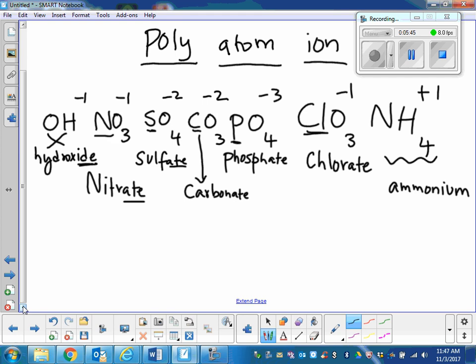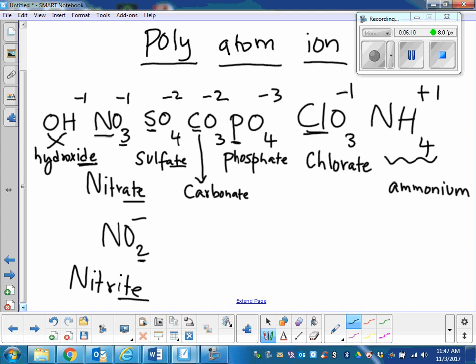Okay? So that's nitrate. If it's one oxygen less, the charge is the same. Are you with me? The 3 has become a 2. This is now nitrite. What is the ending?